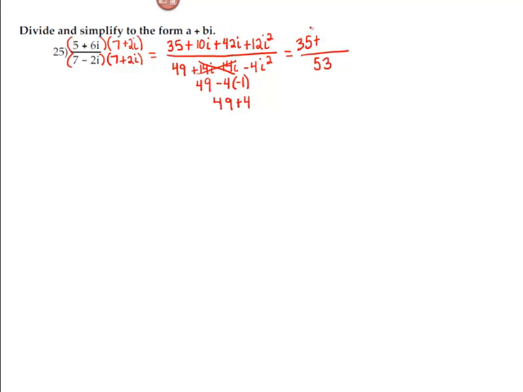So we can change 10i plus 42i to 52i. And then we can say that's plus 12 times negative 1, because we put a negative 1 where the i squared is. So 12 times negative 1 is minus 12. 35 minus 12 is 23.